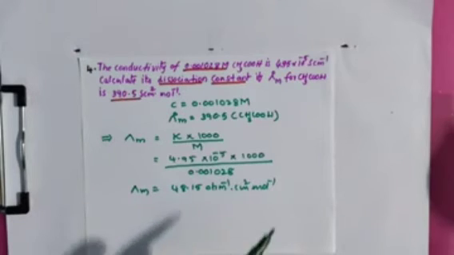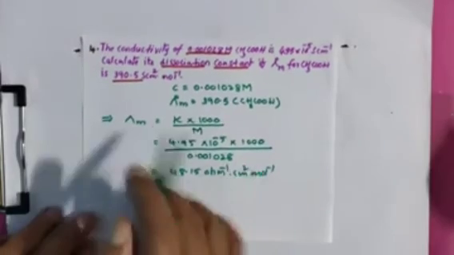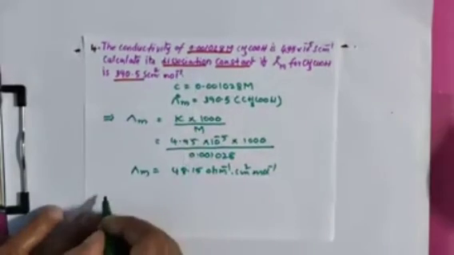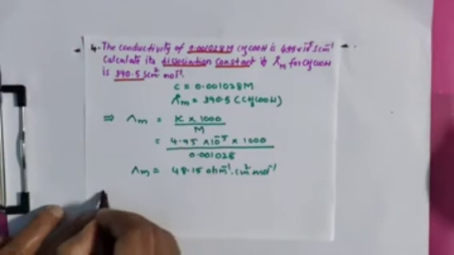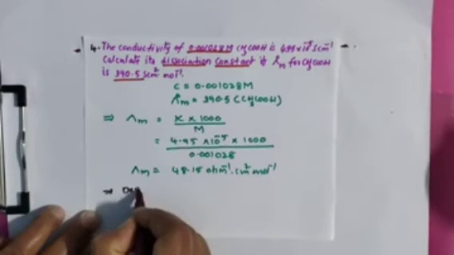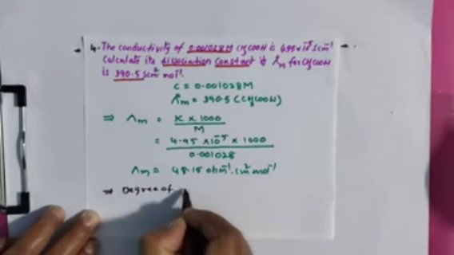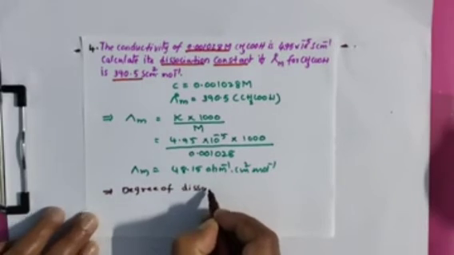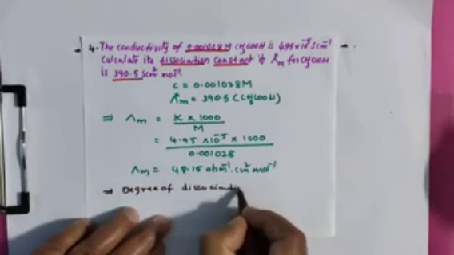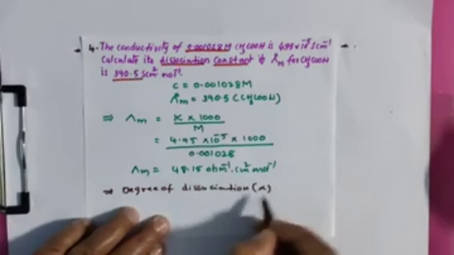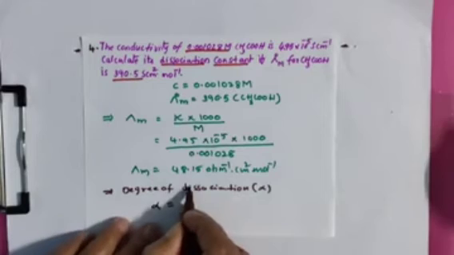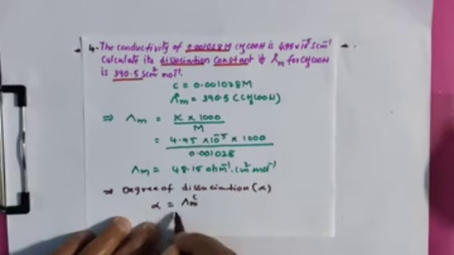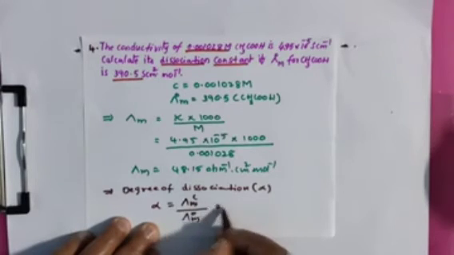But they asked dissociation constant K. So to calculate K value we need alpha value. So we have to calculate degree of dissociation. Degree of dissociation, alpha value we have to calculate. Alpha equal to cap m at given concentration upon cap m at infinite dilution.